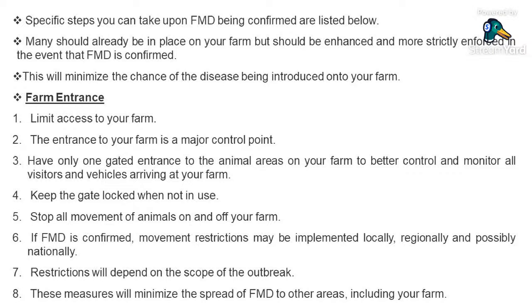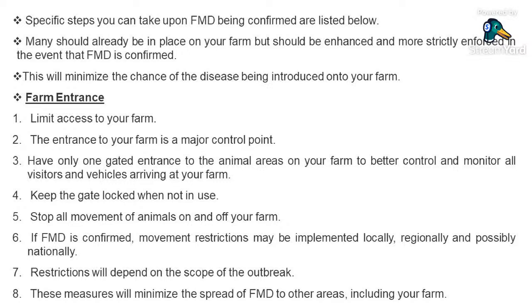Next, there are many steps we can use, like at the farm entrance we have to limit access to your farm. The farm entrance is a major control point through which we can control the disease. On the farms we should have only one gated entrance in order to better control and monitor the vehicles and the visitors. Keep the gate locked when not in use.